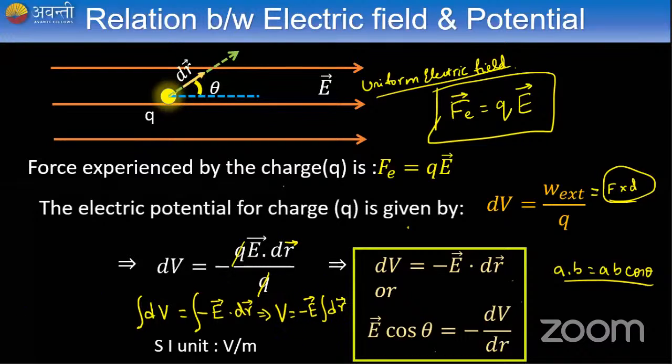It's the same variable, right? So I get V is equal to minus E dot r. This is also an expression for the relation between electric potential and electric field.